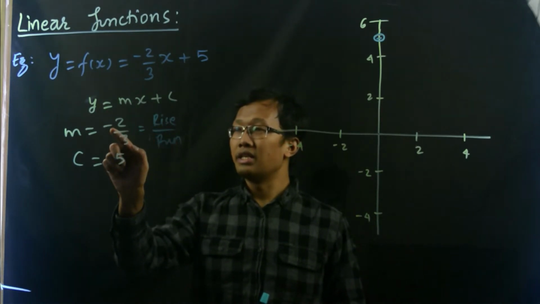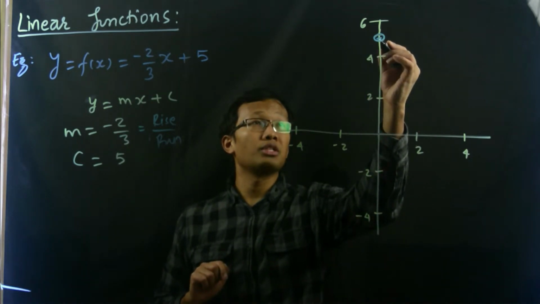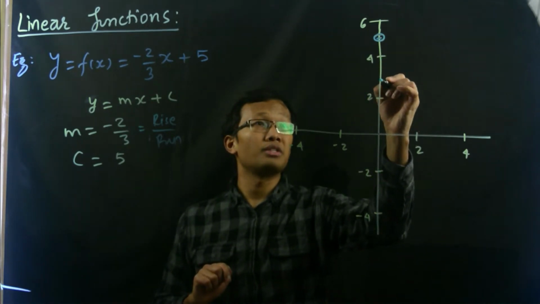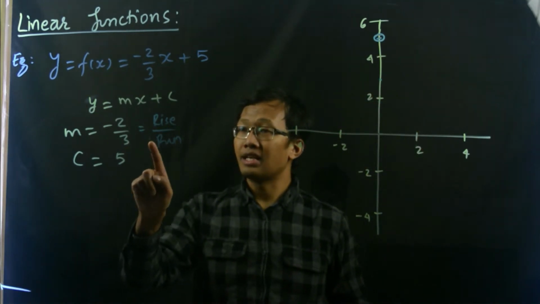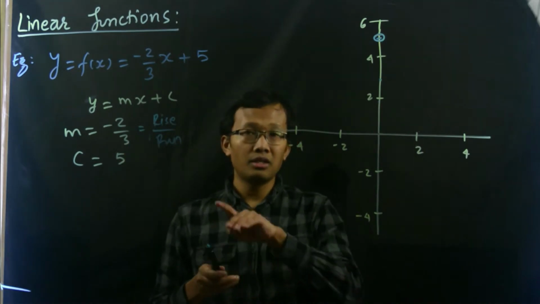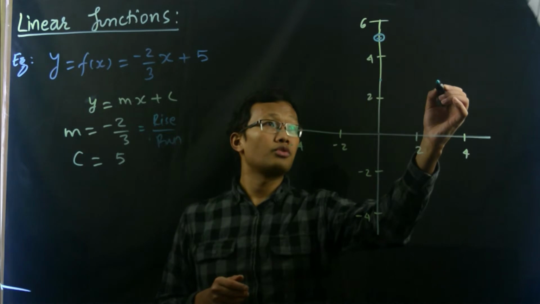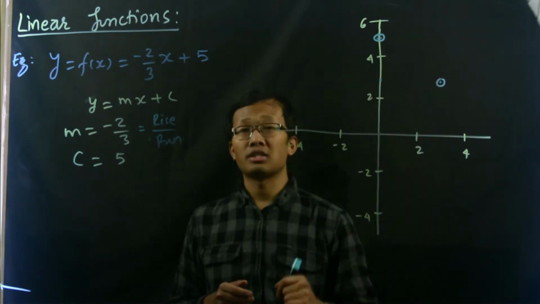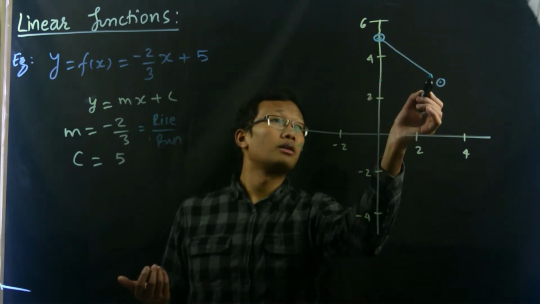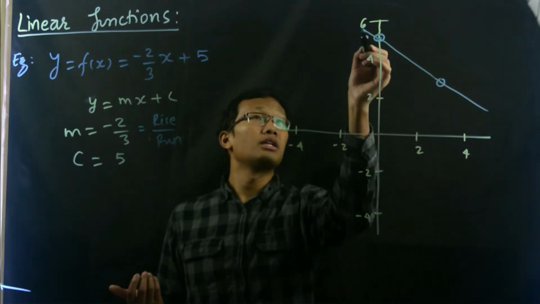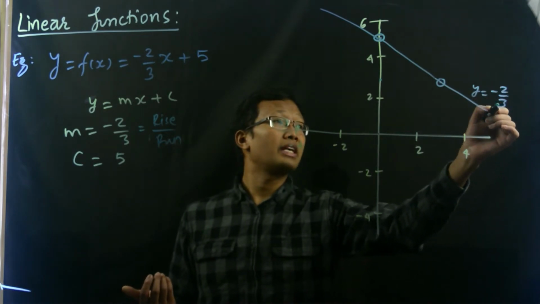So rise is negative 2 units: from 5, to 4, to 3. We stop here. And the run is positive 3 in horizontal distance, so 1, 2, 3, somewhere here. This is the second point. Now let us join these two points. So that's our equation, y equals negative 2 by 3 x plus 5.